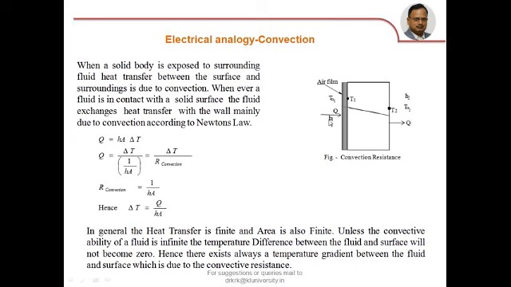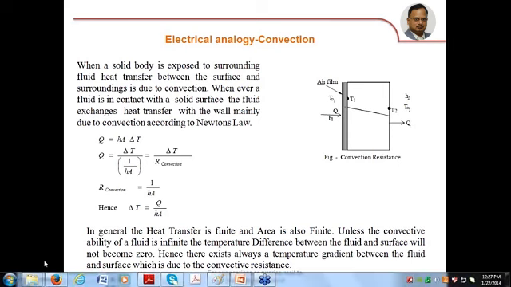So through all these steps, the rate of heat transfer is the same. You can't have different values of heat transfer through the film, through the slab, and again through the film. So therefore, the heat transfer is always finite, and area is also finite.